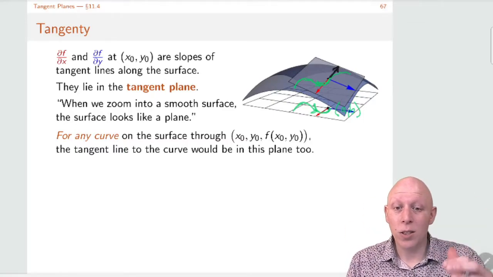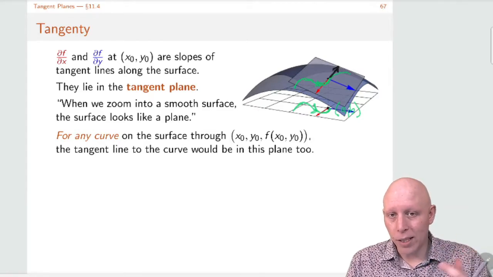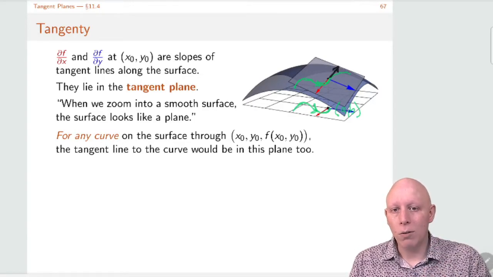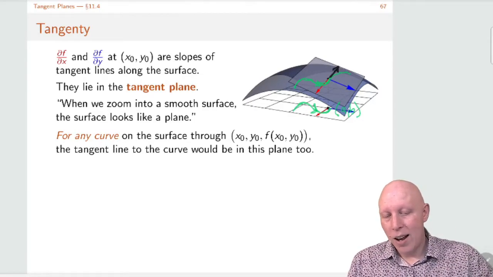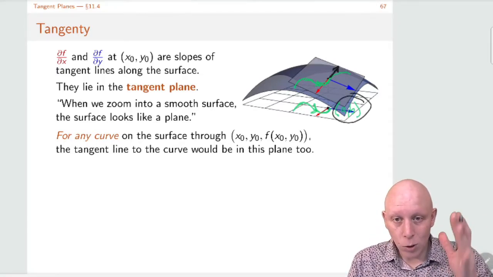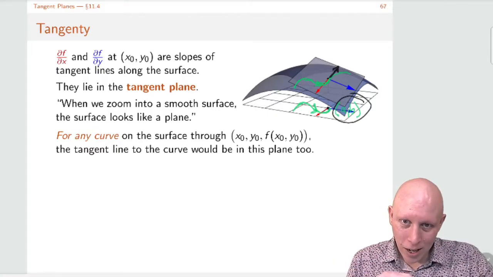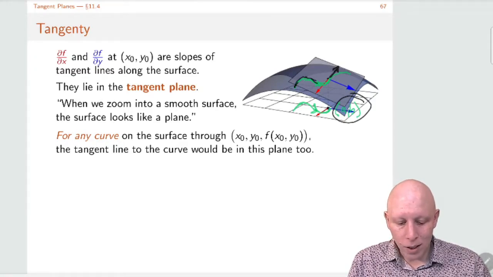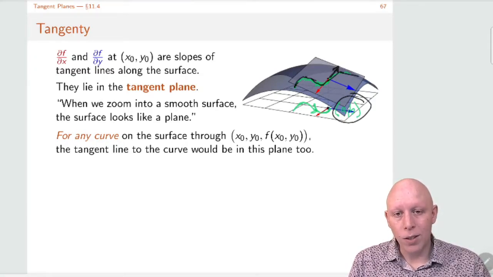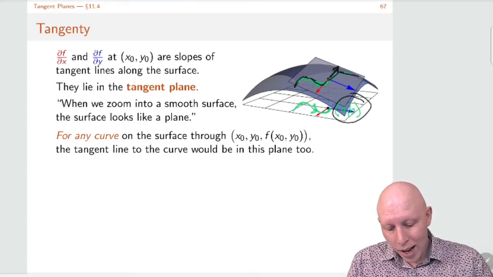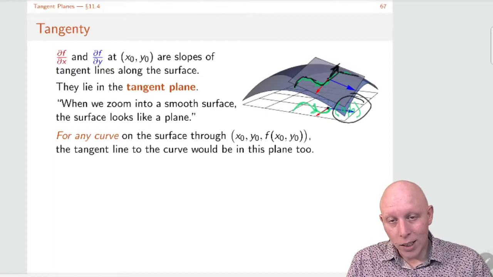So that's another aspect of this tangent plane really being a good representation of the surface, because any curve going through our point AB in the xy plane is going to have as its corresponding curve on the surface, the graph of the function, a tangent vector that is also going to lie in that plane.